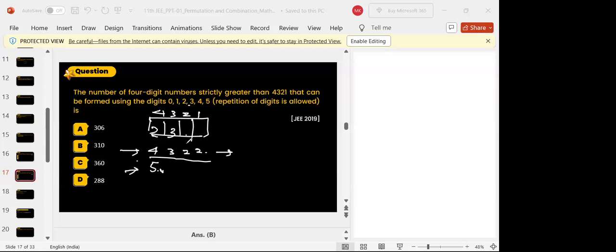With the 4, that is 2, 4 into 4, 16 into 3, 48 into 1. So 48. Let's keep it there. The next step, when we use 5, 6 into 6, 36.